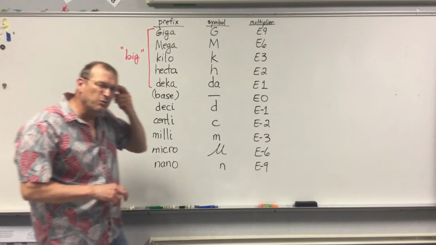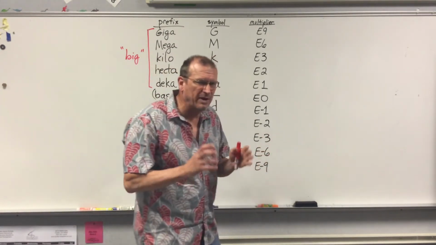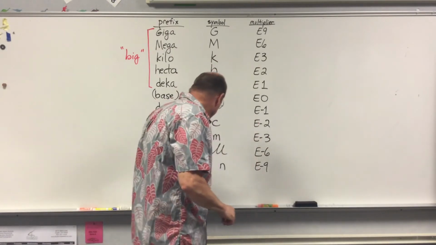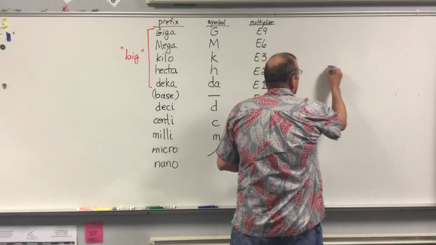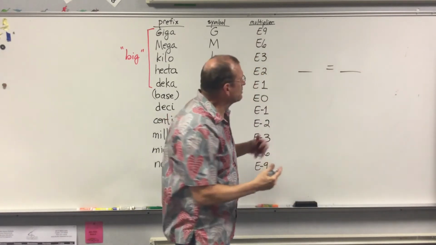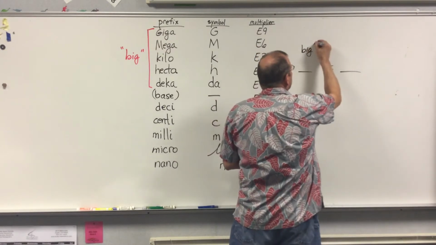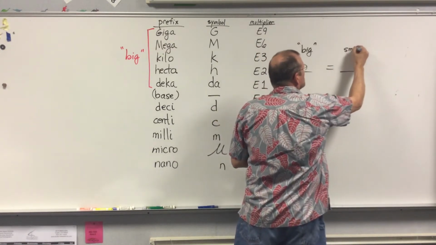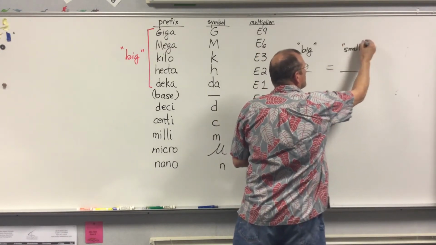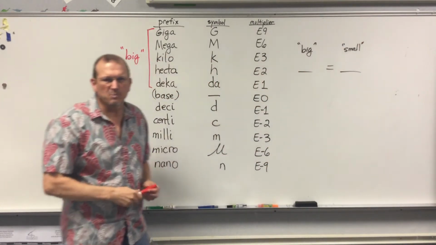Because if you paid attention in the last video, I talked about when you set up a conversion factor, there are 2 ways to approach this, but both approaches depend on your understanding of which unit is the big unit and which one is the small unit.